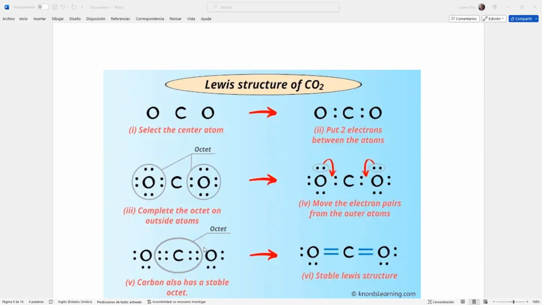The only way is by making a double bond between this carbon and this oxygen, and this carbon and this oxygen. Now this carbon gets the octet rule, and so do this oxygen and this oxygen. The double bonds, in this case, make the molecule stable, and this is the structure that is assumed.